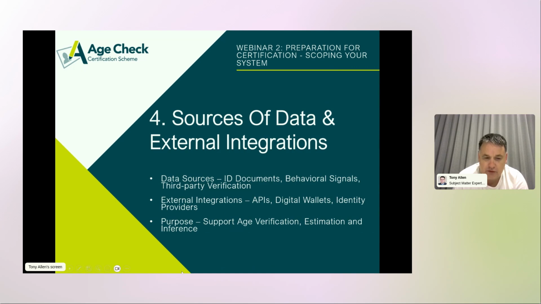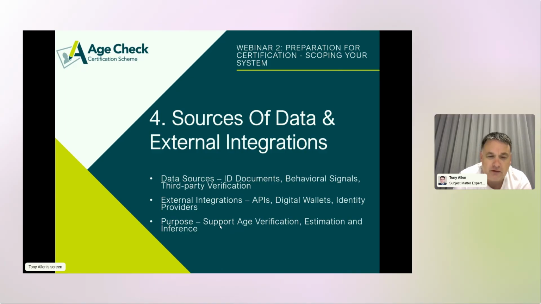Next thing is to understand where you get your data from. So your process map should show the internal and external processes that you use to be able to access data.